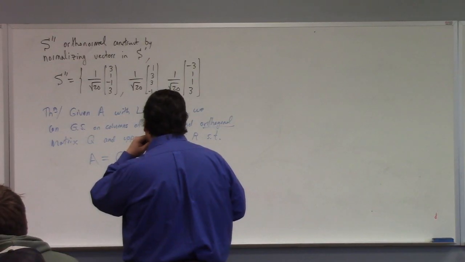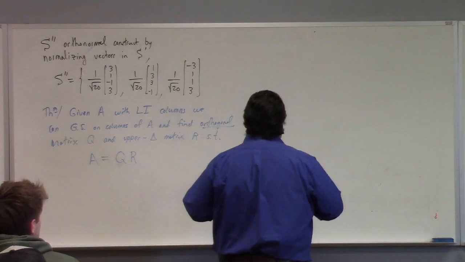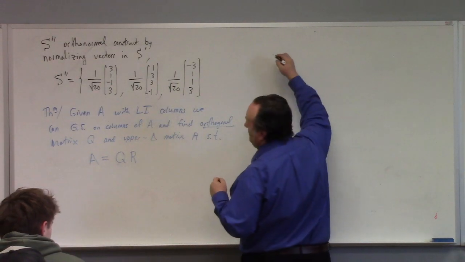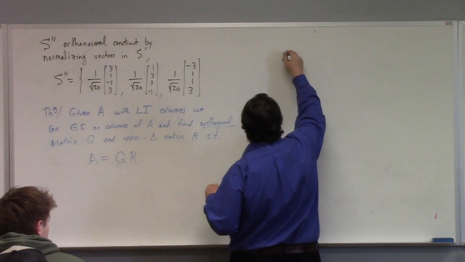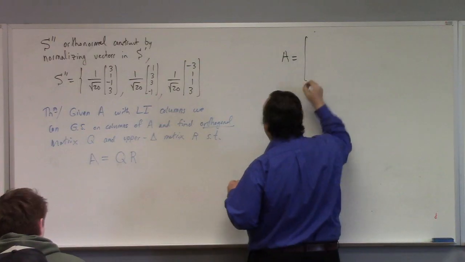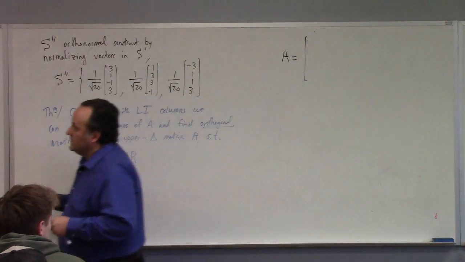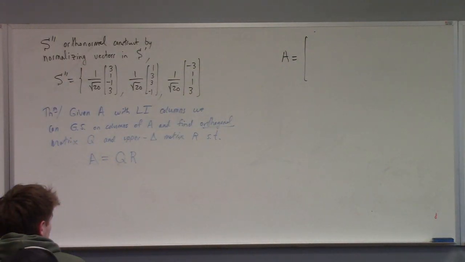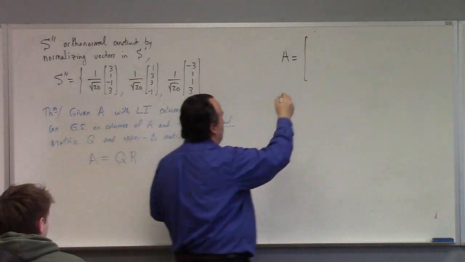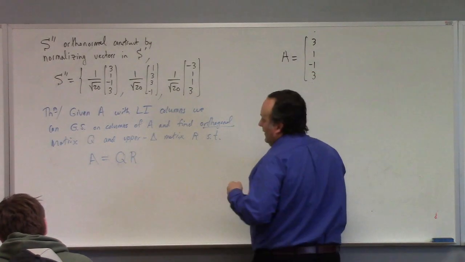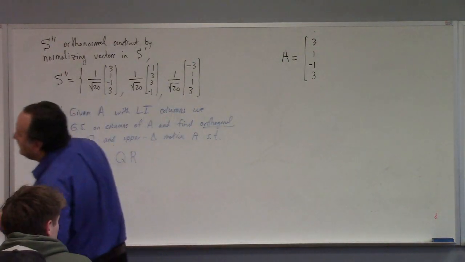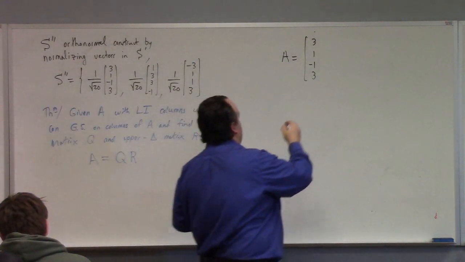Let's see here. The A I have in mind. What is it? Oh, so the A I have in mind here is the 3, 1, minus 1, 3. And minus 5, 1, 5, minus 7.